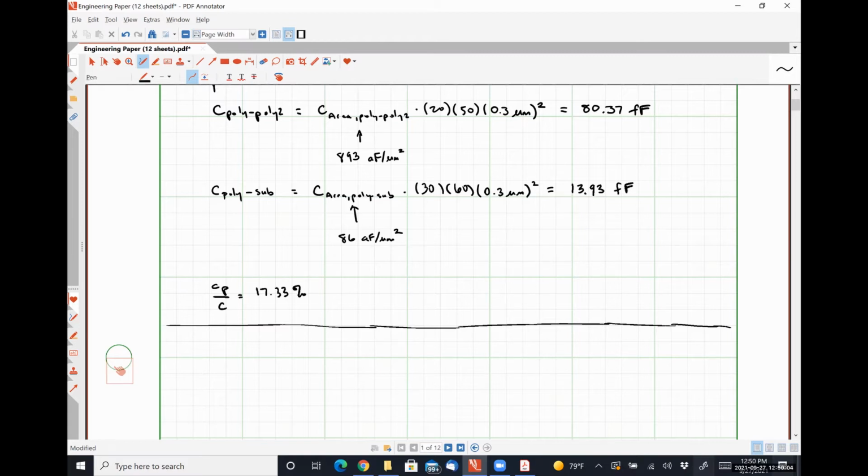So what I mean by that is when we're using polycrystalline silicon for the plates of a capacitor, we're not using it as an intrinsic material. We're using it as an extrinsic material, meaning that it has been doped significantly so that it is a good electrical conductor.